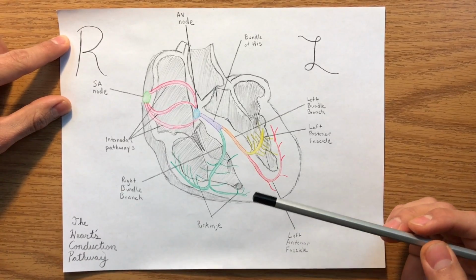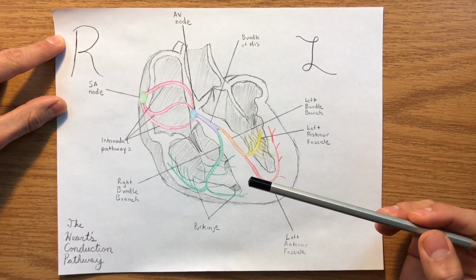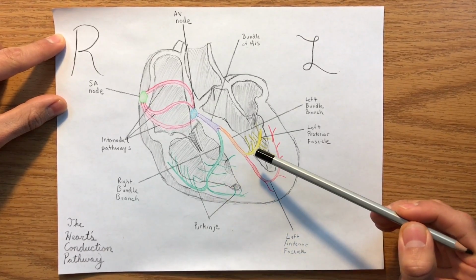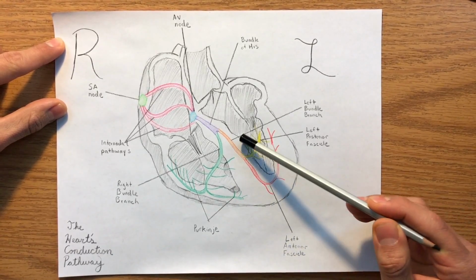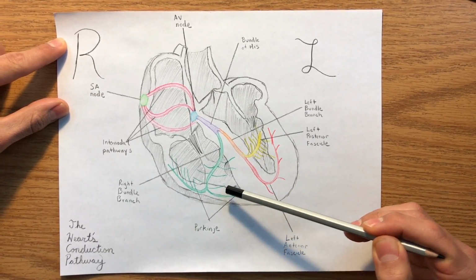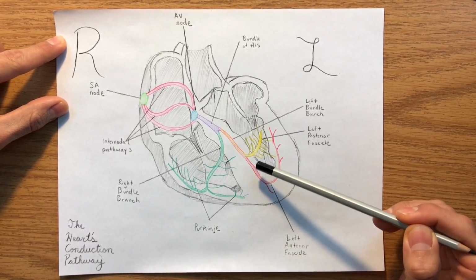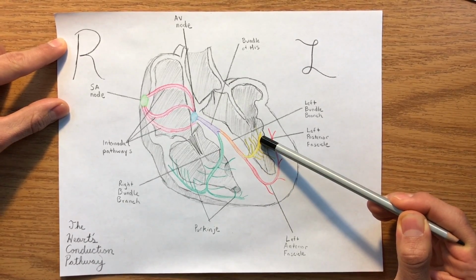Using what we just previously explored, we understand that in a right bundle branch blockage, the right fascicle is blocked. So the impulses have to return to the right ventricle after the left ventricle is conducted first. In a left bundle branch blockage, two fascicles are affected. The left anterior and the left posterior fascicle are blocked.